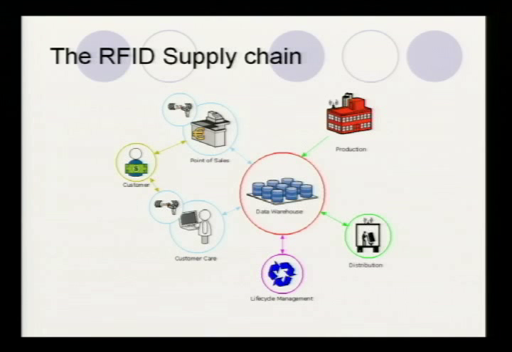Now let's have a look to the pretty new world, the supply chain. We have a central data warehouse. At production time, the product gets registered at the data warehouse. They are tracking the distribution. They have a pretty new feature. It's called lifecycle management. Something like, oh, your Rolex needs a new battery. Please come to the store.